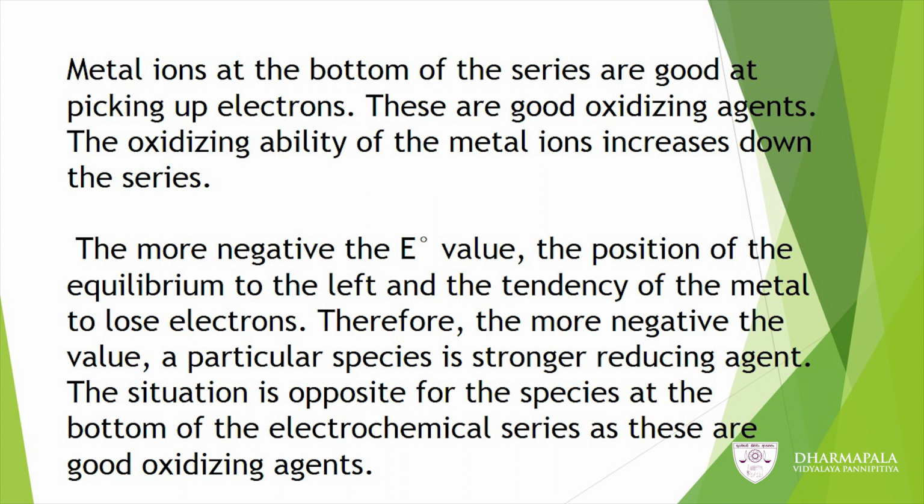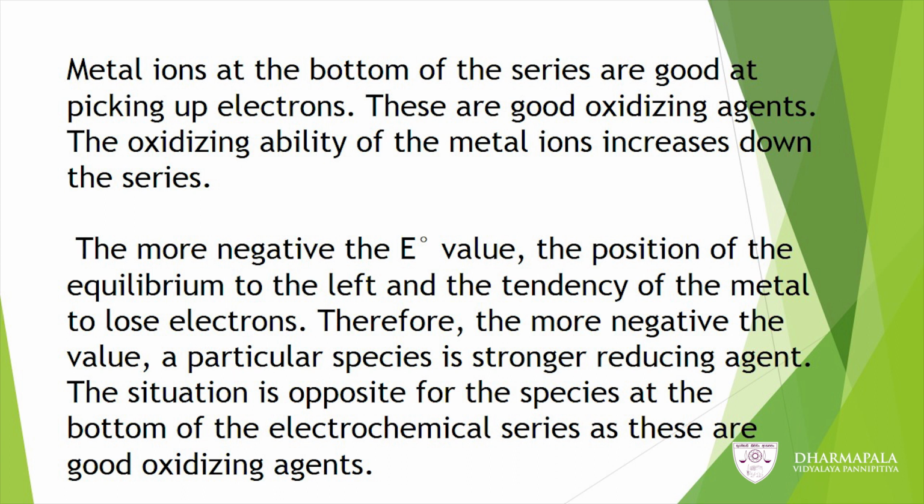The more negative the E0 value, the more the position of the equilibrium lies to the left and the greater the tendency of the metal to lose electrons. Therefore, the more negative the value, the stronger the reducing agent the species is.